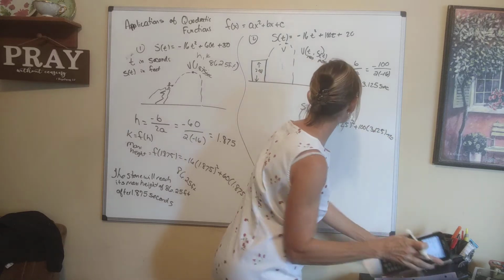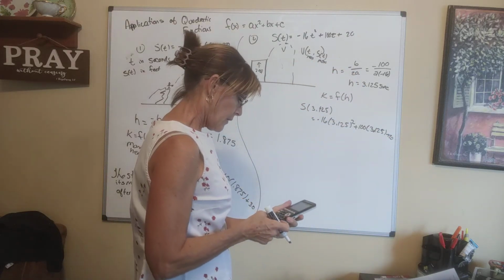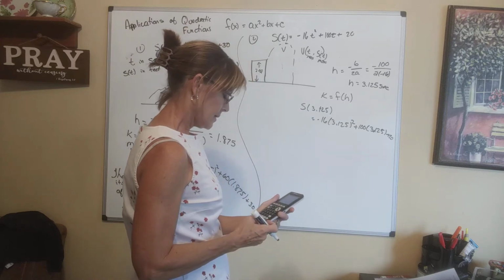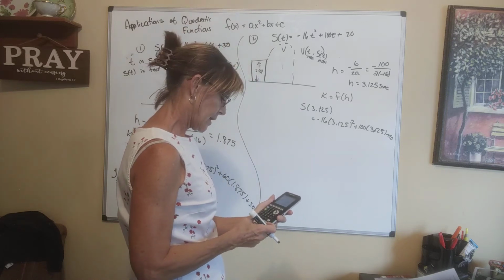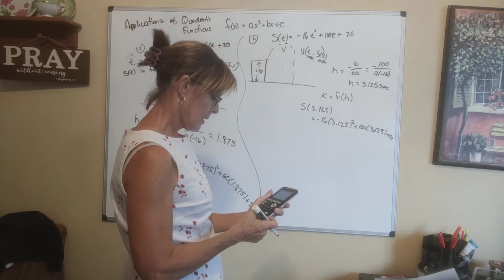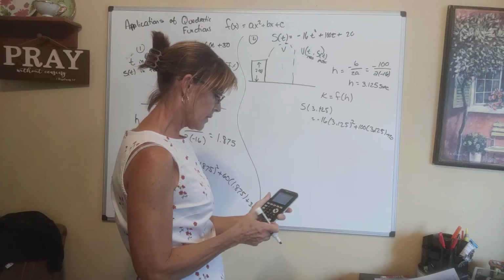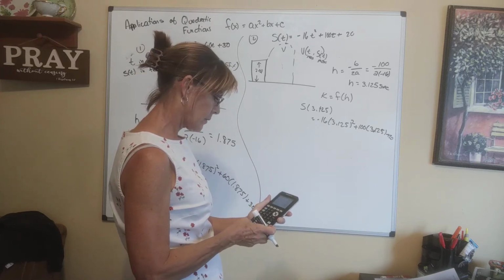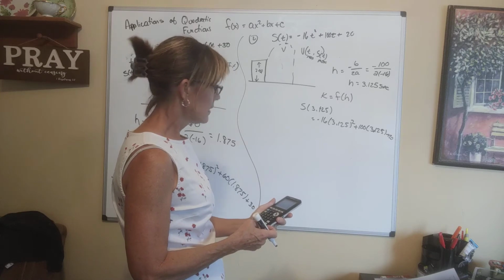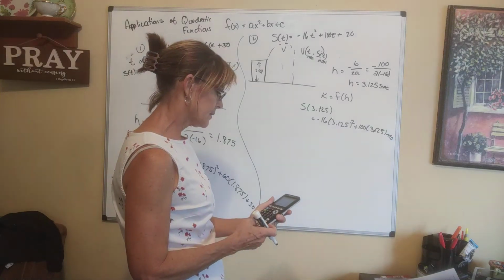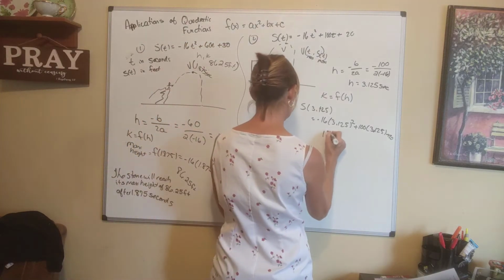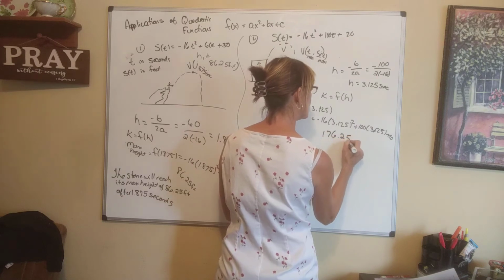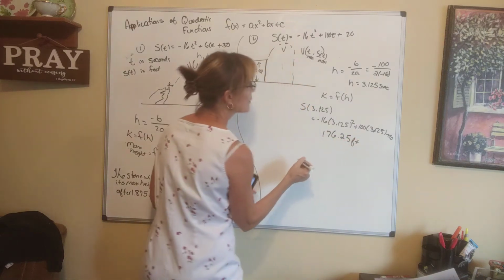So let's see how this goes. If I square that times negative 16 plus 100 times 3.125 plus 20 gives me 176.25 feet.